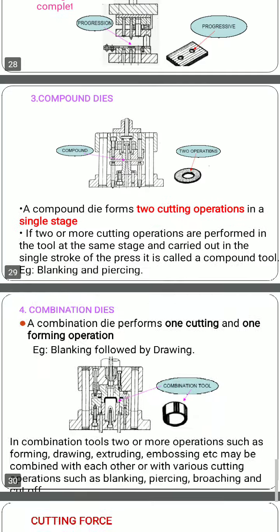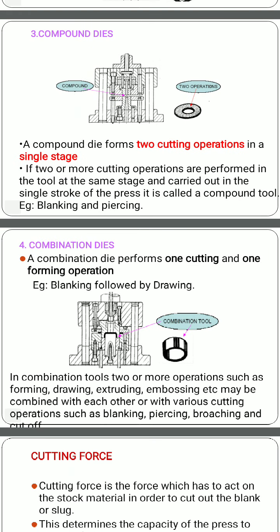Next we will see the compound dies. Compound dies are similar, but here two operations are performed in one stroke. Earlier, in the progressive die, we had operations at different stages, but in compound dies all the operations are performed in a single stroke of the press.